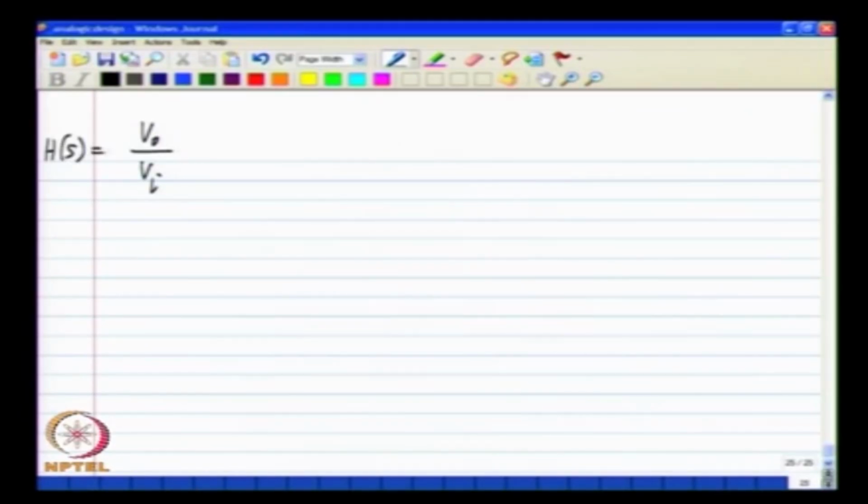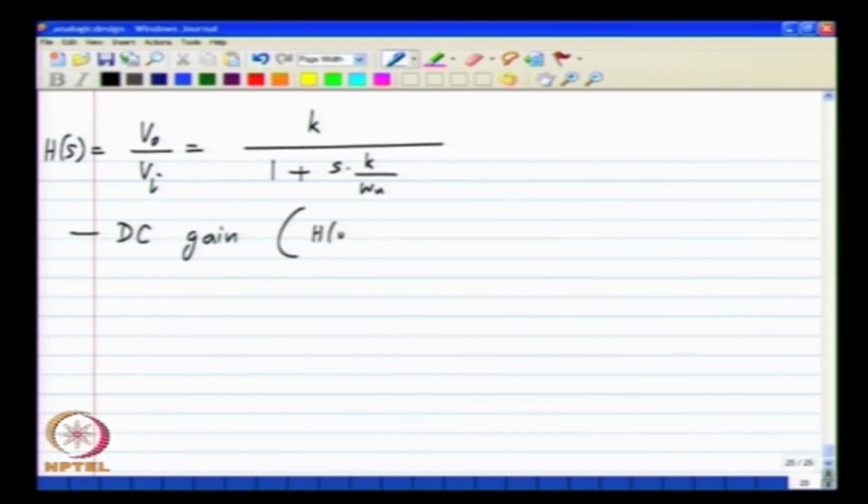The transfer function V naught by Vi of our negative feedback amplifier is this much. Now, for this, the DC gain, that is h of 0 equals k, and this is consistent with our time domain analysis. Now, it also has a pole at minus omega u divided by k.